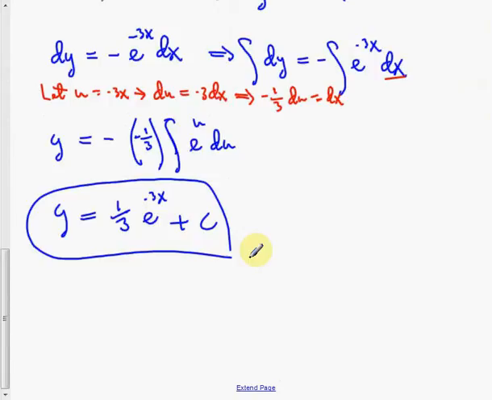Let me note here these steps for separation of variables, just to make sure you got it.